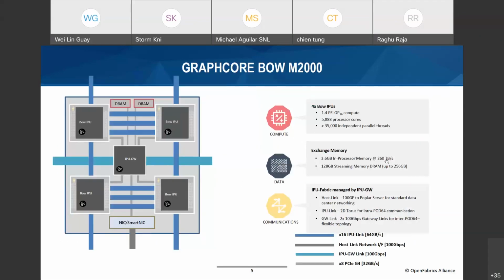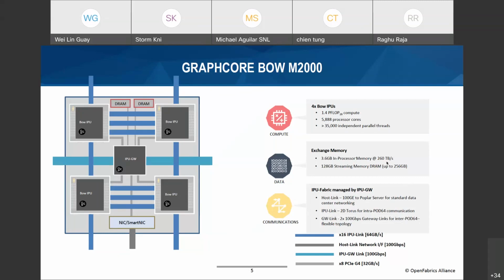Now that we have talked about the IPU processor, we can talk about the platform that we have for this current generation. It's called the BOW M2000. As you can see, it has 4 BOW IPUs, which together have more than 5,000 processor cores and 35,000 parallel threads. This gives a compute of 1.5 petaflops of 16-bit compute.